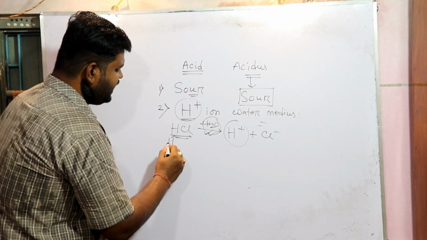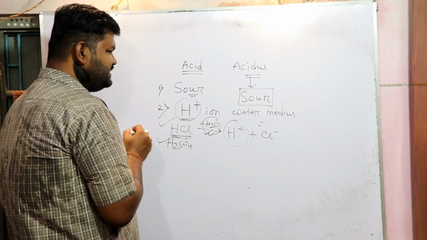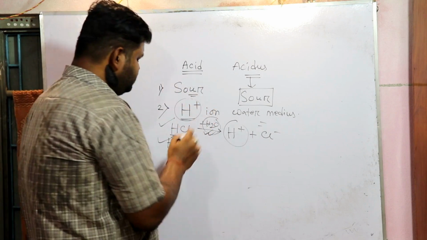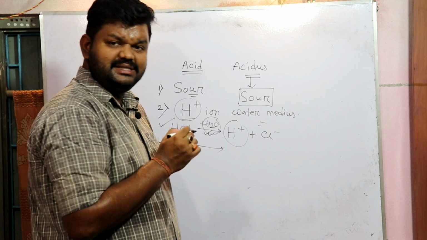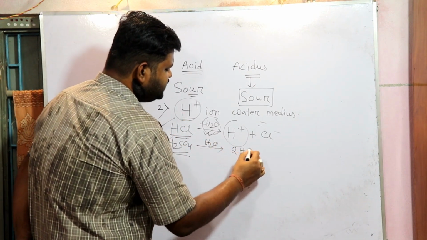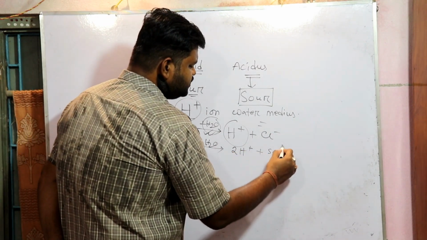Suppose we are considering H2SO4. In class 9 also we discussed HCl, H2SO4, HNO3 and acetic acid. H2SO4 means sulfuric acid. In aqueous medium it will give 2H+, because 2 hydrogens are present here, and one sulfate SO4 2-.